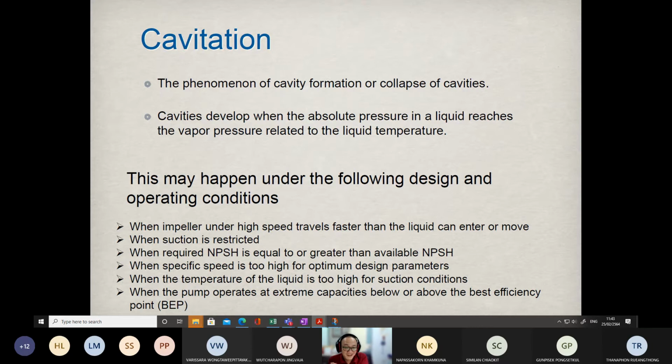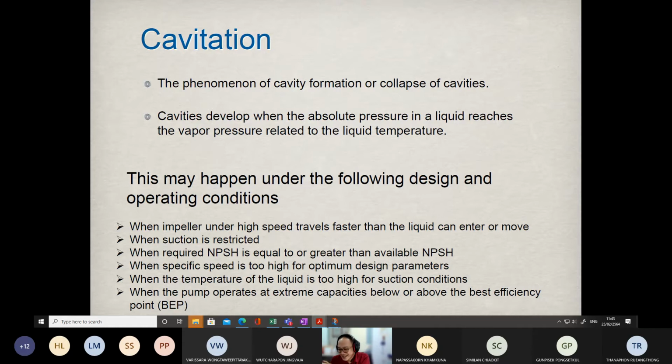And then what will happen? A lot of noise is generated when the cavity is formed and collapsed. The pump vibrates during working, so it's not good for the pump. So we have to avoid cavity formation.